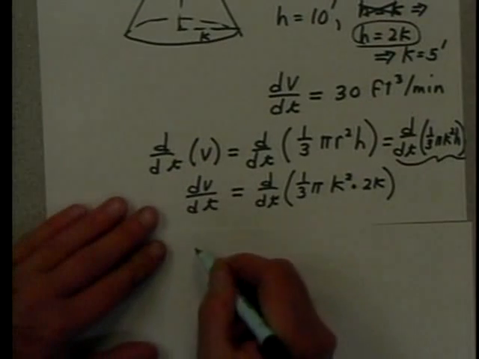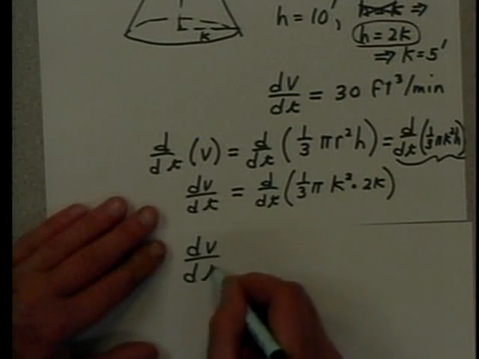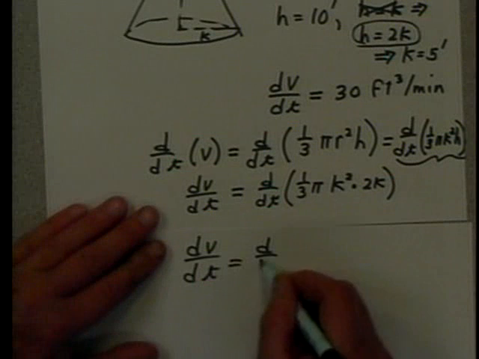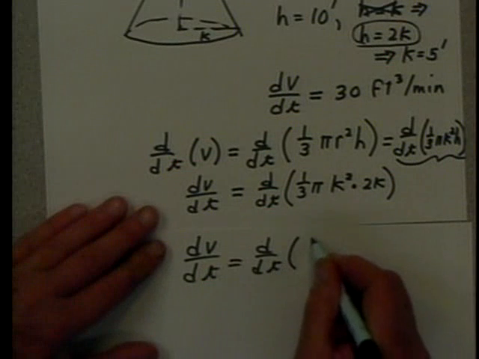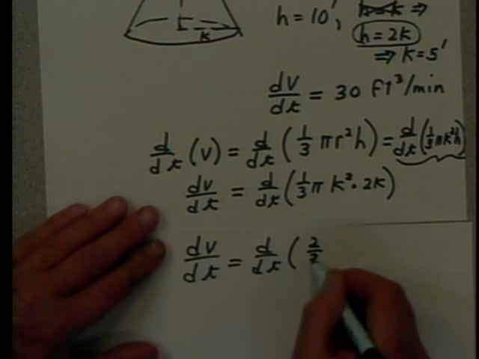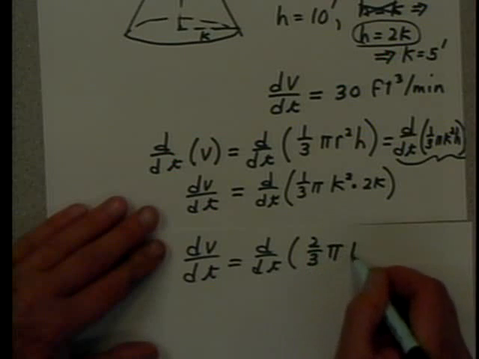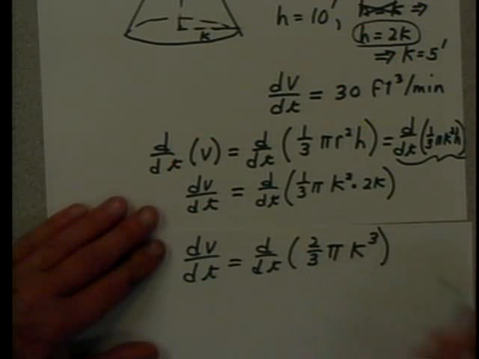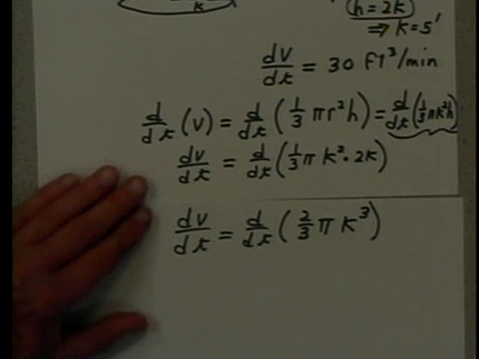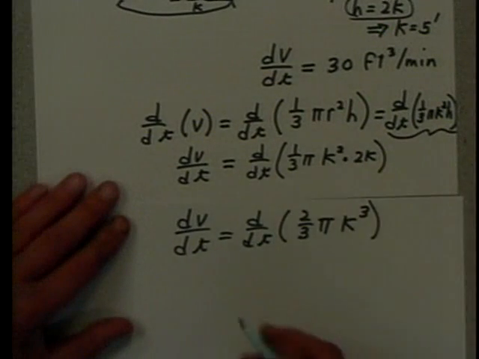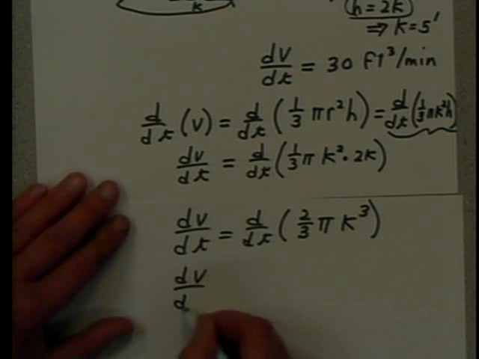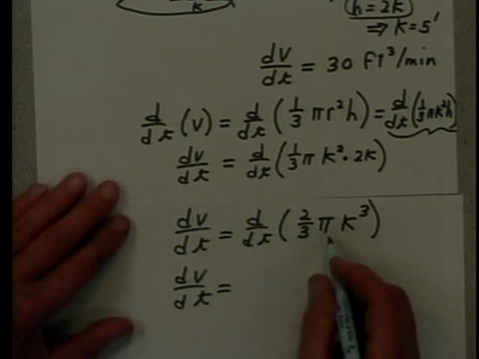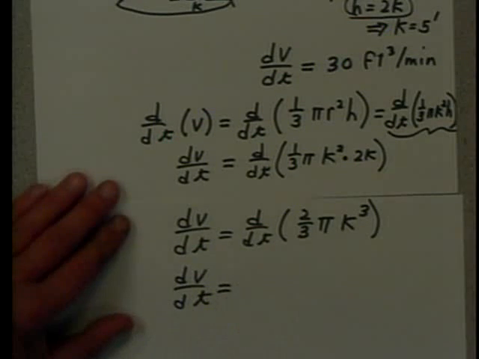So I'm now down to dV/dt being the derivative with respect to t of two thirds pi k cubed. Is that okay? So what is dV/dt before I fill in my numbers?